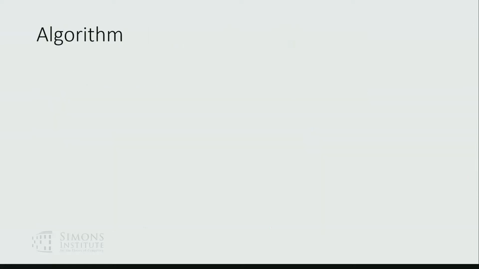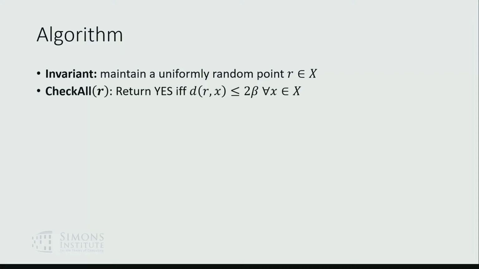Let me first state one important invariant. The algorithm will try to maintain one point R, and this R should be a uniformly random point in your set. And there's one subroutine that I call check all. It just returns yes if the distance from R to everyone else is less than 2 beta.